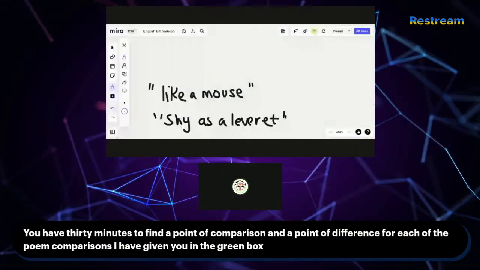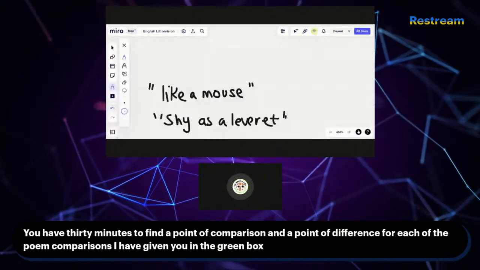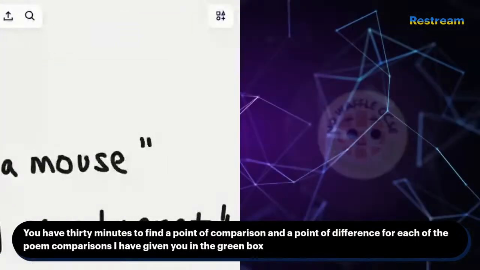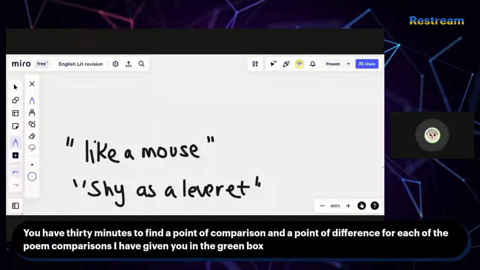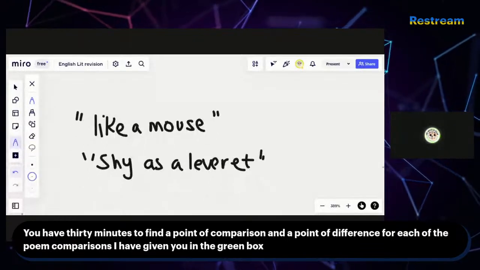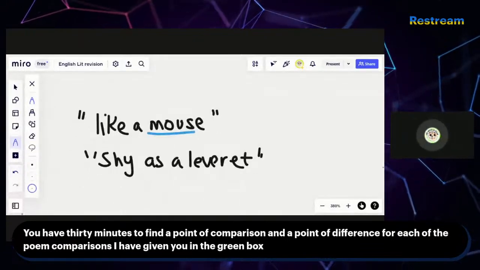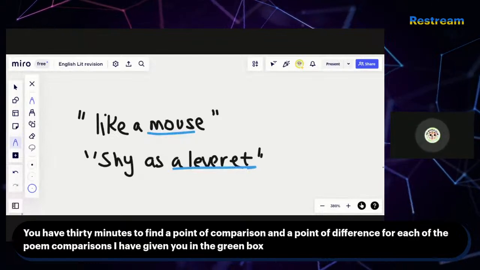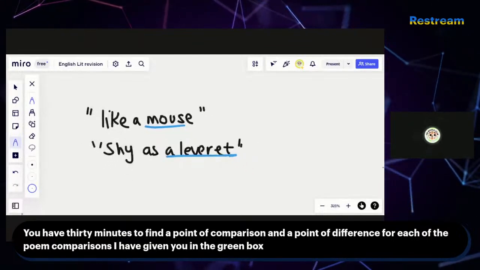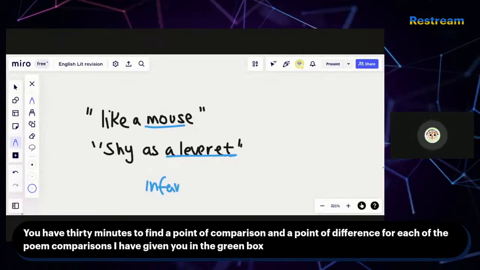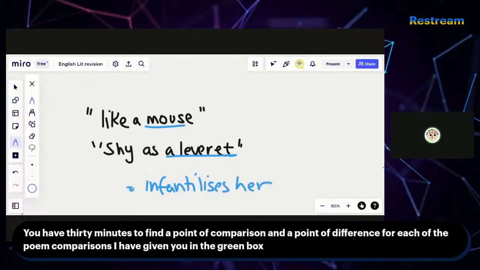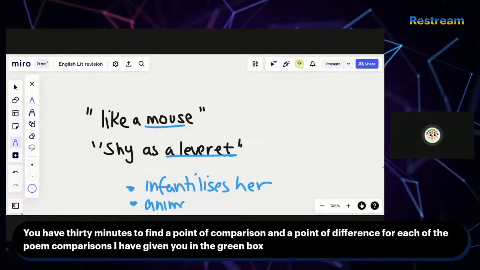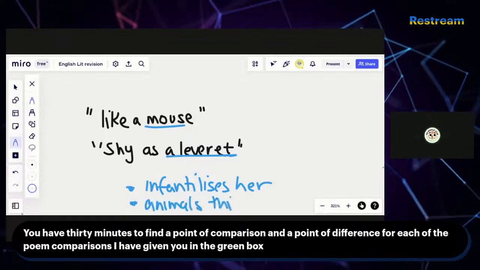So when we hear like a mouse, or shy as a leveret, this tells us that he not only dehumanizes her with this animalistic imagery, but he also, in a way, infantilizes her by comparing her to animals who are unable to think for themselves.